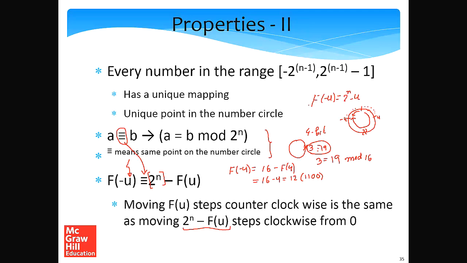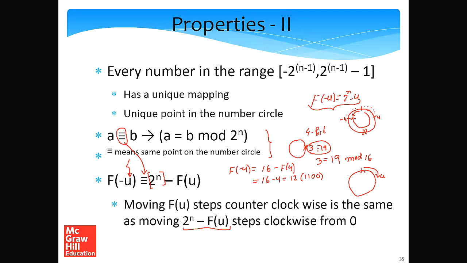So what we can see is that if u is positive, this relationship holds. Similarly, if u is negative, it's also easy to prove this same relationship. This I leave for the reader. But the important point to note in this number circle based logic is that walking u steps in a certain direction is the same as walking 2 to the power n minus u steps in the opposite direction.